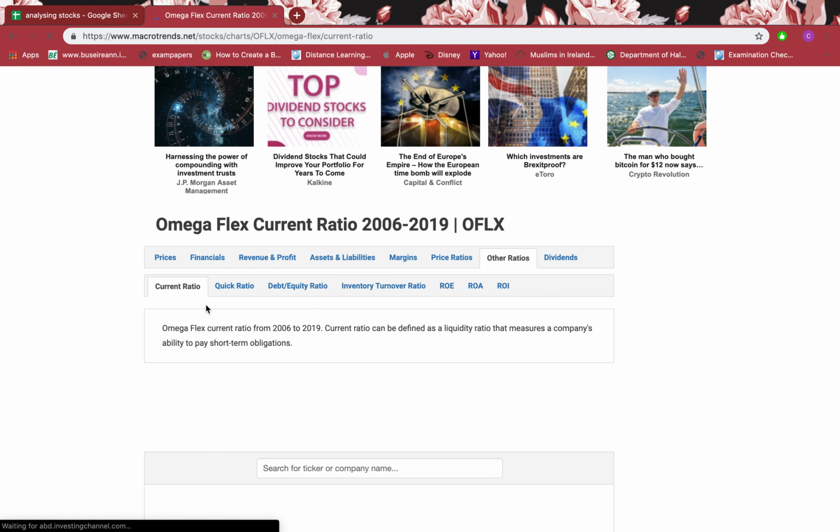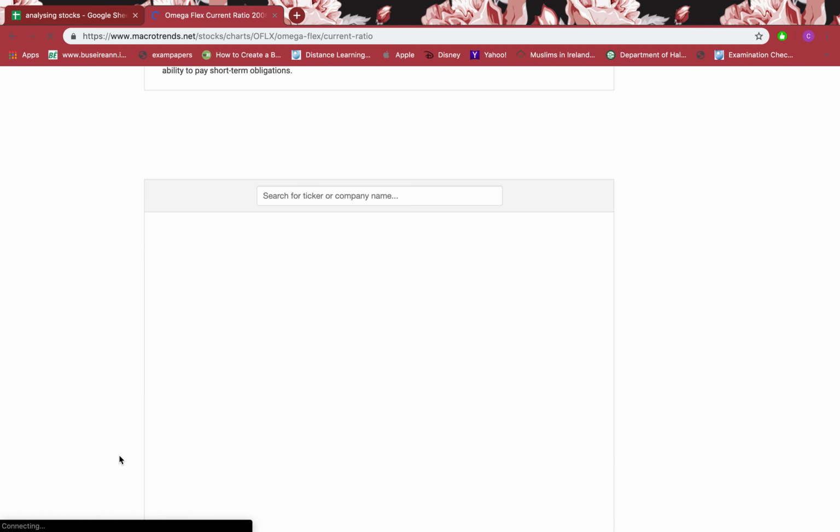And if I look at current ratio, this ratio tells me if assets are more than liabilities. So if the ratio is less than 1, that means that the stock is very risky. It's very risky to invest because there are more liabilities. If the ratio is 1, that means assets equal liabilities. But we are looking at margin of safety. We want to invest when the stock is not risky, when we have safety, when it's secure.